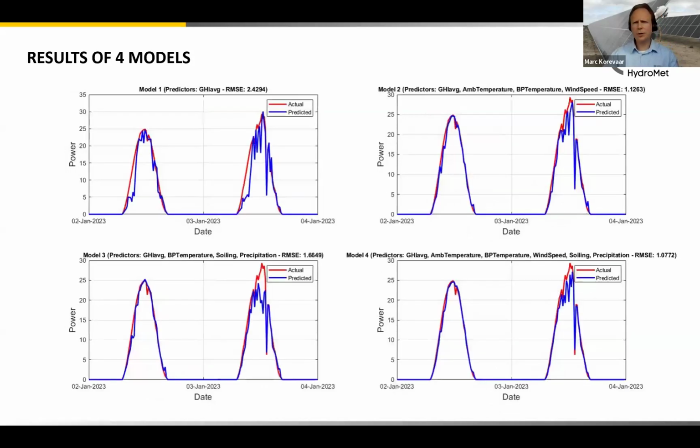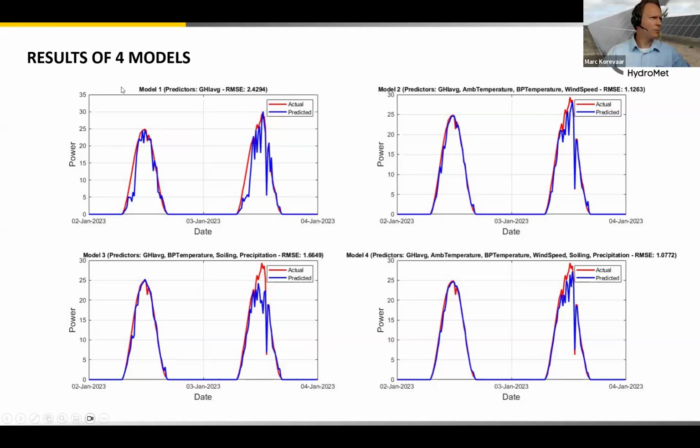When we look at the results of these models, we see different performances. The performance is visible in the red line compared to the blue line. The red line is the actual power output, and the blue line is the predicted power output. You see the root mean square error on the top of the graph, a numerical evaluation of how good the prediction is.